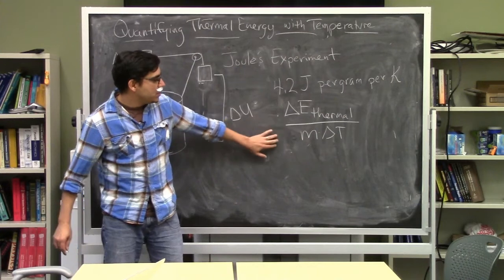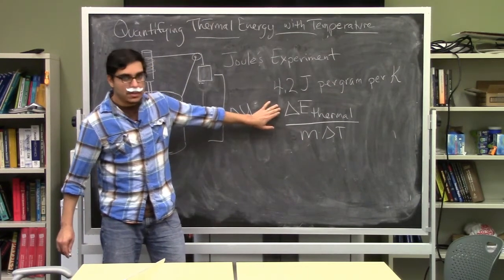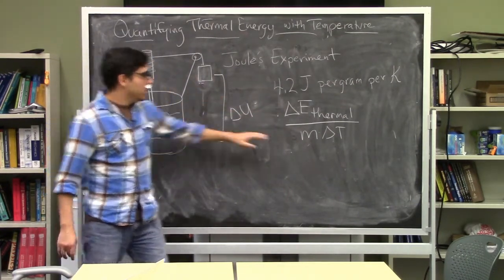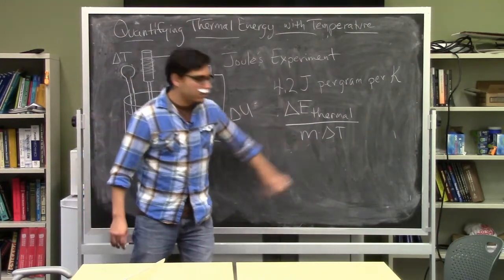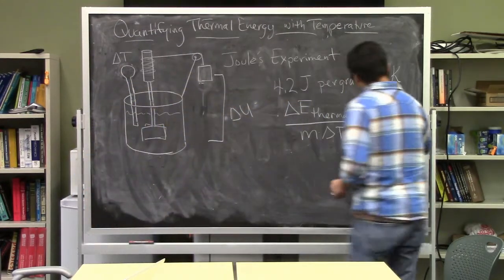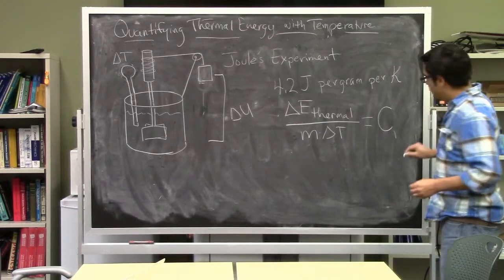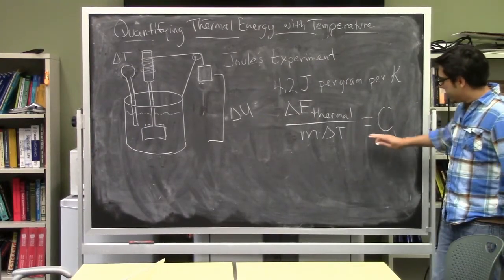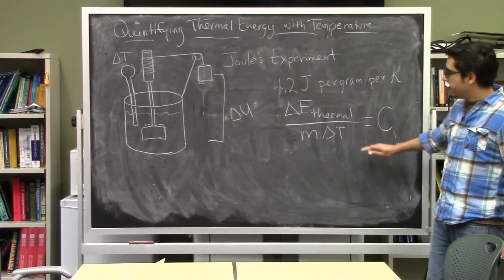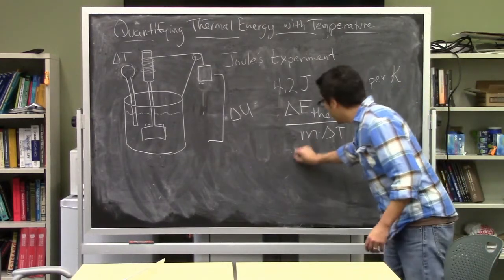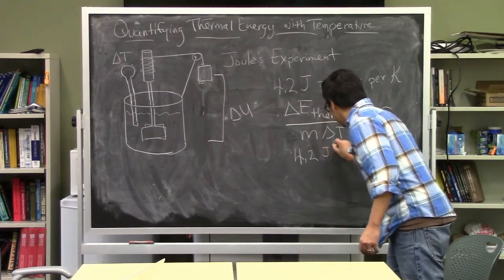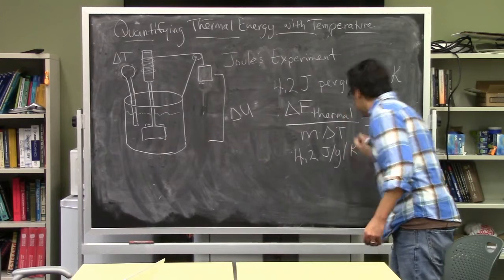This ratio here of the thermal energy that is dumped into the system divided by the mass of that system and the resulting temperature change is called the specific heat of that material. It's a characteristic value for the material. And for water, it's 4.2 joules per gram per Kelvin.